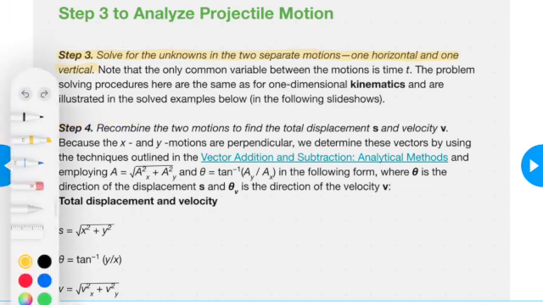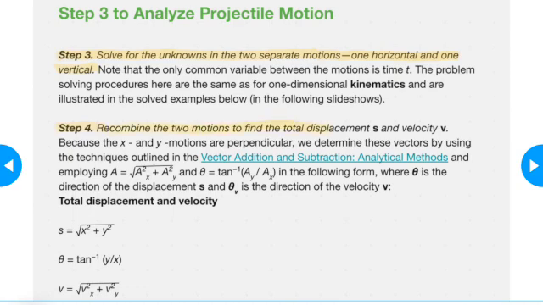You might have to recombine the two motions to find the total displacement or velocity, but again, that's not usually something that's asked. I haven't seen that very often, but that doesn't mean it's impossible. But for sure, step 3 is more than likely where you're going to end up finding the thing that you're looking for.